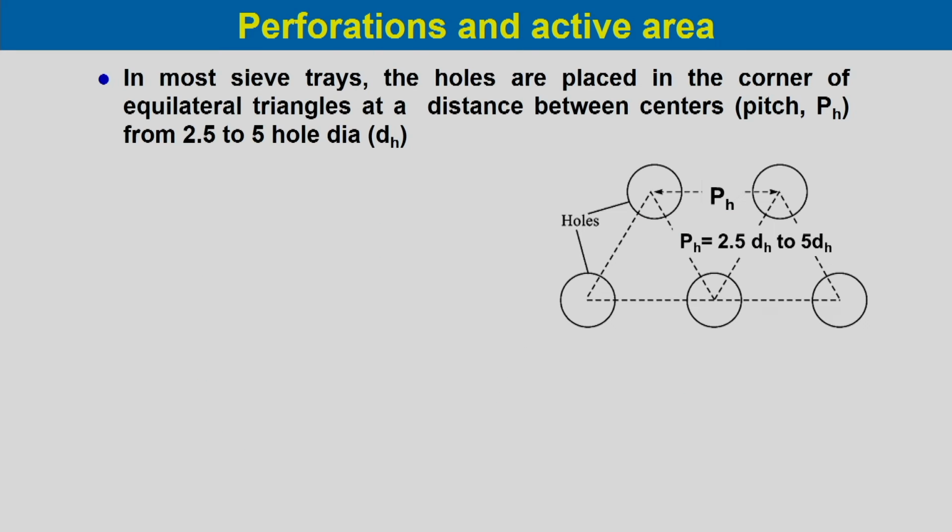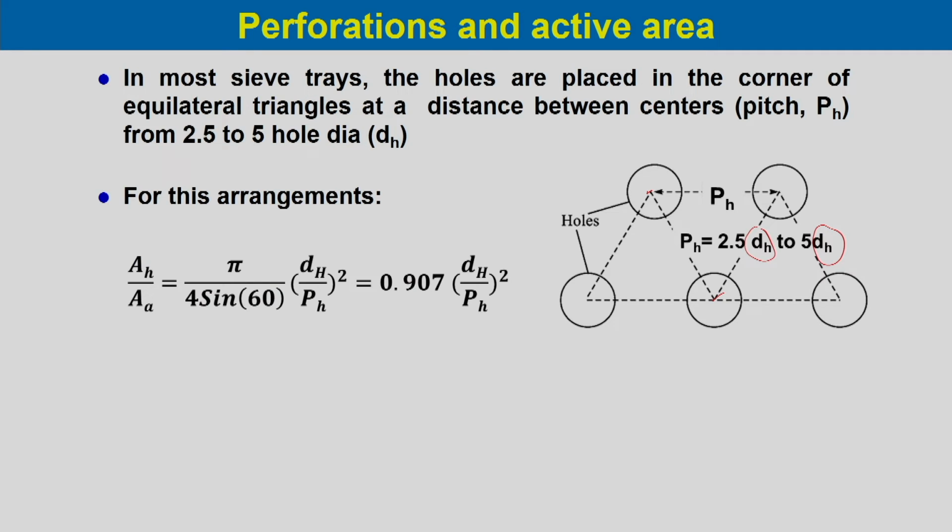Now, in most sieve trays, the holes are placed at the corners of an equilateral triangle at a distance between centers from 2.5 d_H to 5 d_H, where d_H is the hole diameter. So, this pitch length from here to here would be 2.5 d_H to 5 d_H in most of the sieve trays.